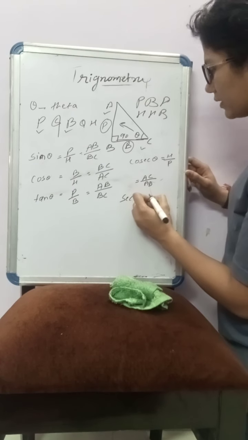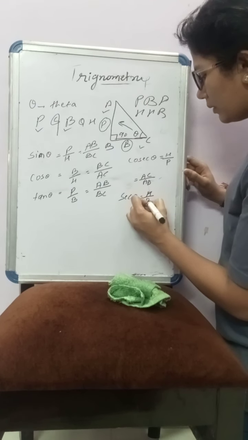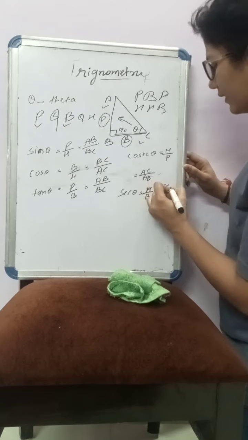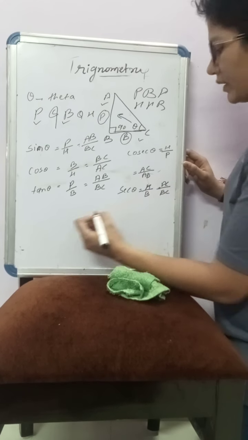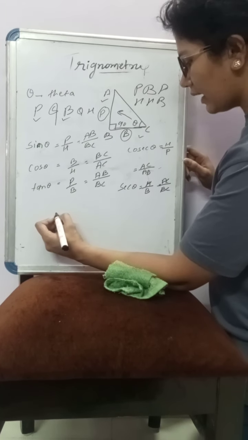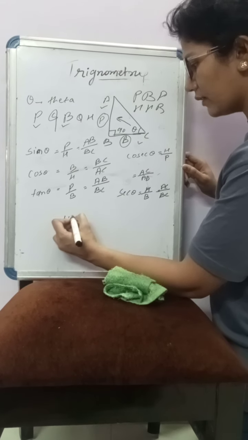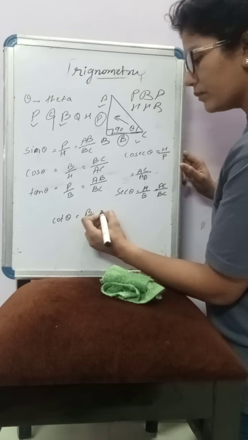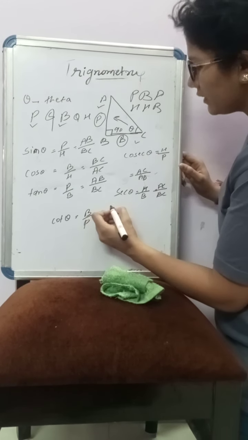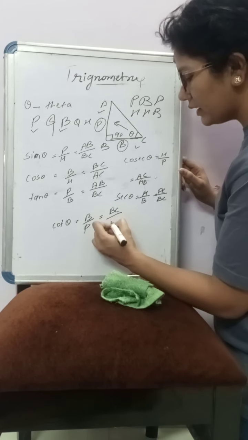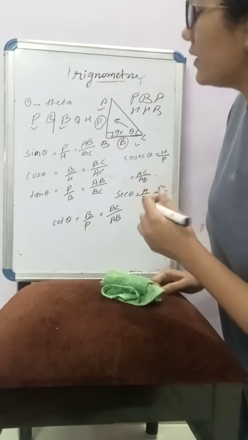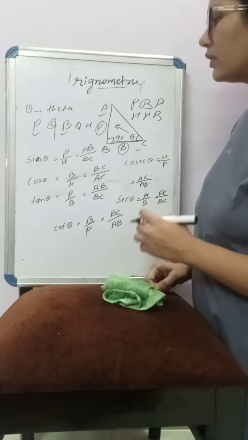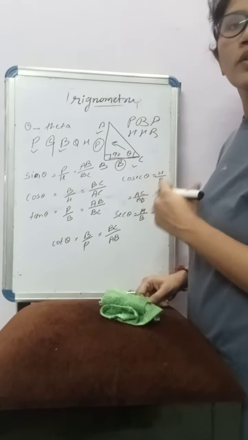Sec theta is hypotenuse upon base, that is AC upon BC. The last ratio is cot theta. Cot theta is B upon P, that is base BC and perpendicular AB. Now these are the 6 trigonometric ratios we have in trigonometry.